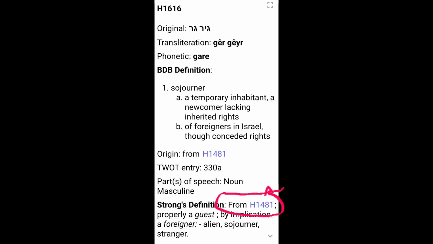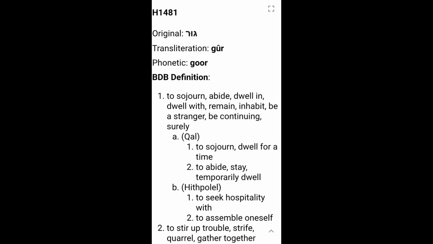And the origin is 1481, Gimel, Vav, Resh, Gur. Meaning is sojourn, to abide, to dwell, to remain, to inhabit. So we see the English word alien has no implication of force or coercion.